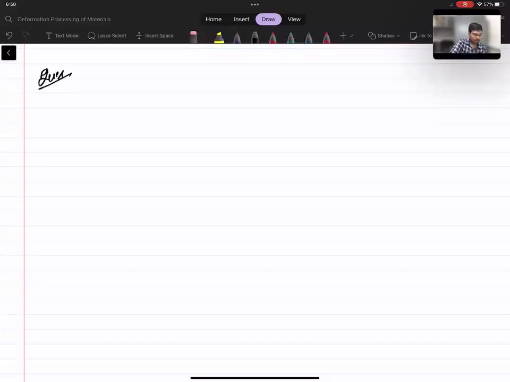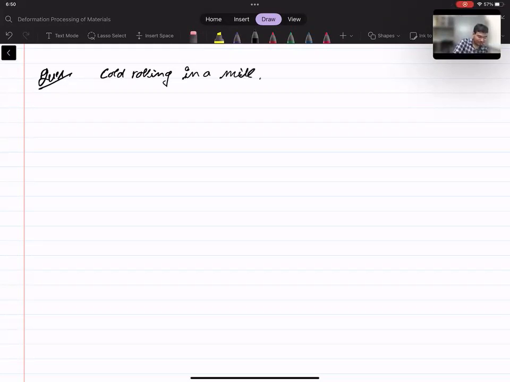The roll diameter is given to us as 600 mm, and the coefficient of friction between the rolls and workpiece is taken as 0.08.